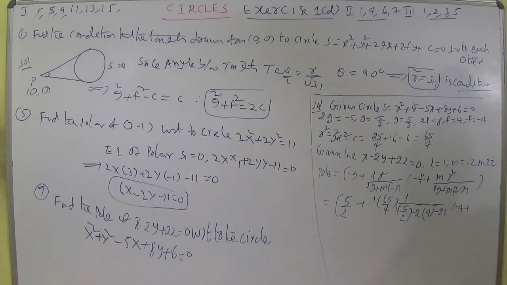-4 plus Mr², M means here -2, -2 into 65/4, whole divided by this same denominator: -5/2 - 2 into 4 - 22.